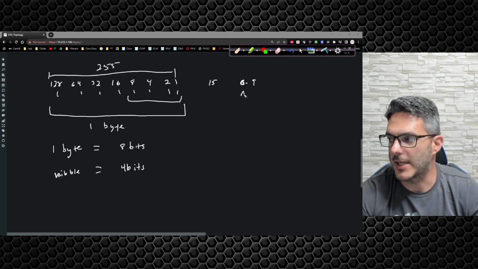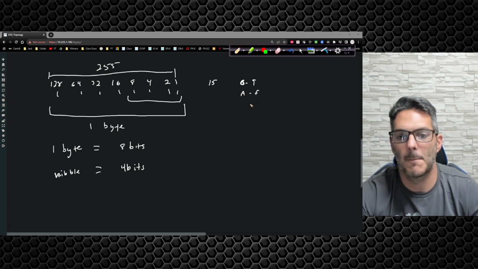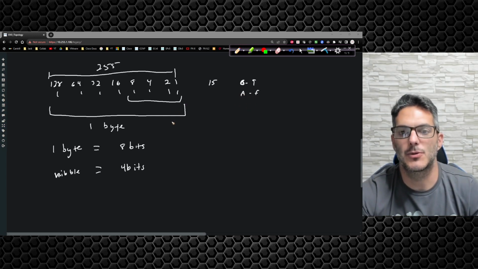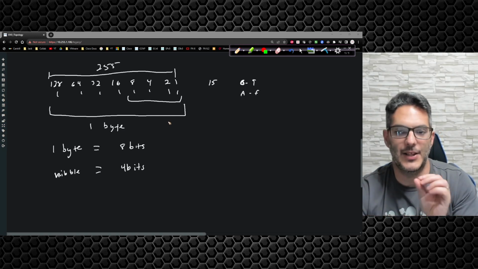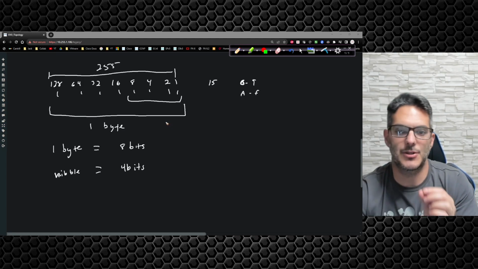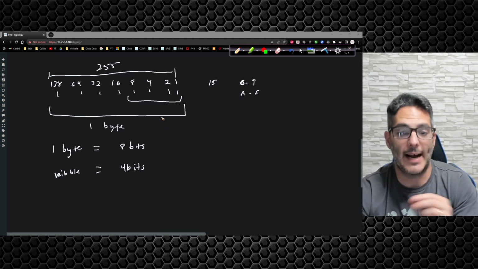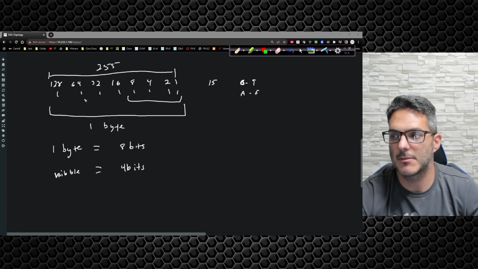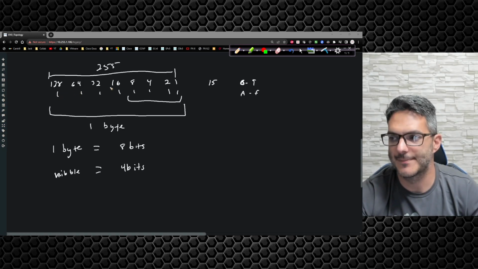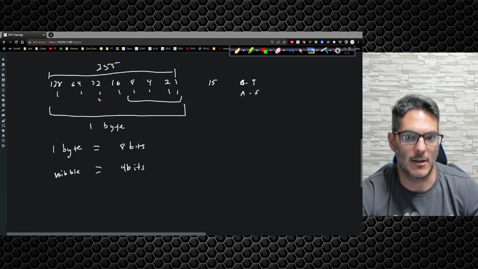You've got A through F. To me, IPv6 is somewhat easier to understand because you're dealing with half of the binary pieces, half of the switches, or half the bits aren't there.